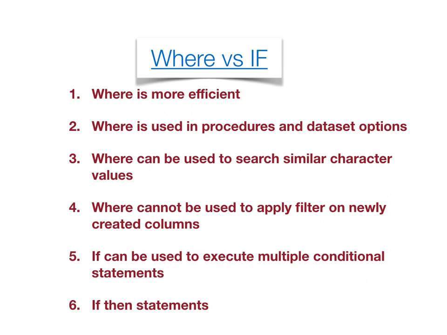Why? Because where does the processing before letting the data go into the buffer, and I created a new column in the processing part. So when I put the where clause there, where will throw an error saying that the column cannot be found.